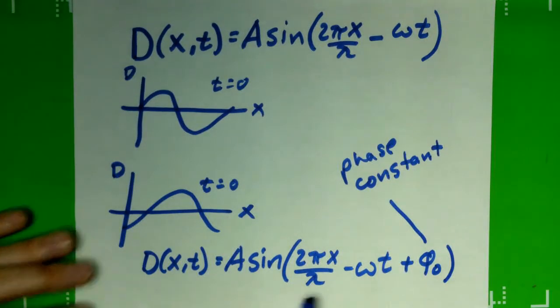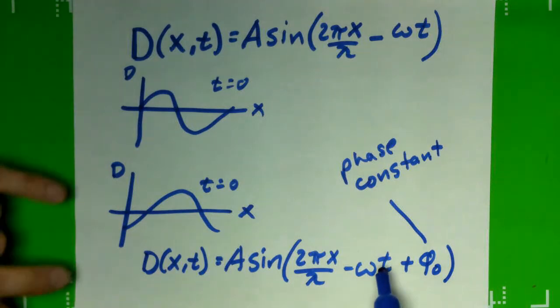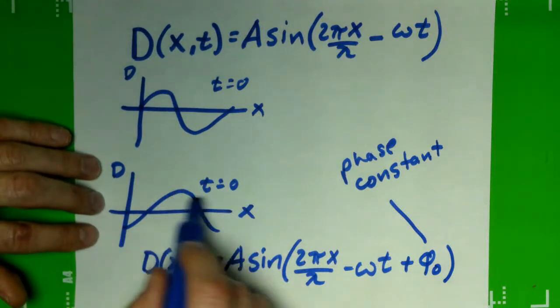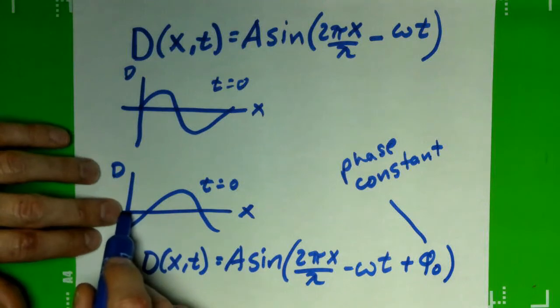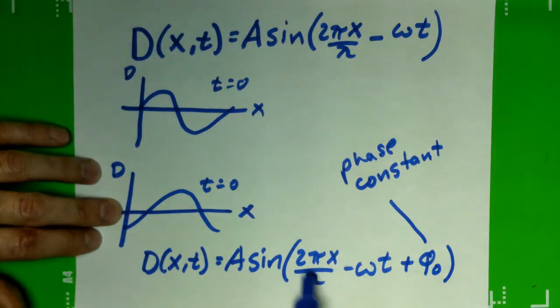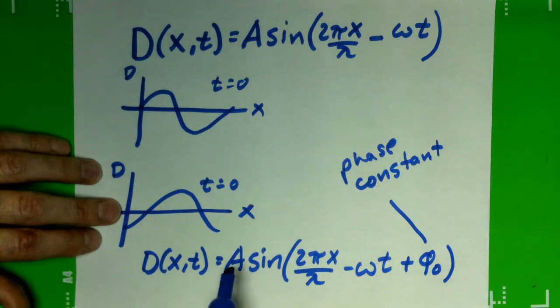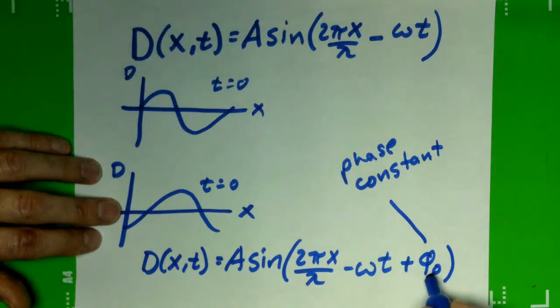So think about t equals 0 and x equals 0: if it's not 0, which is what sine of 0 would give, then I must have a phase constant. There must be something I'm starting with. We'll figure out how to determine that phase constant by looking at a graph and knowing the velocity. But this says how you start.